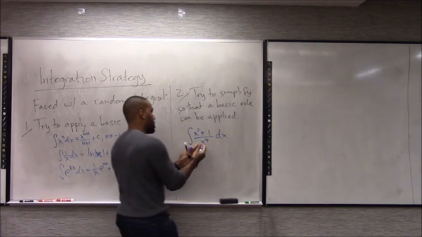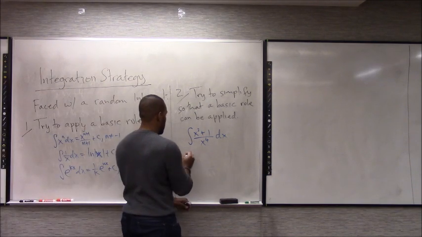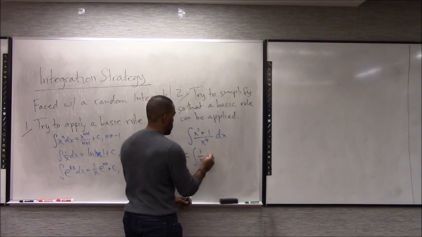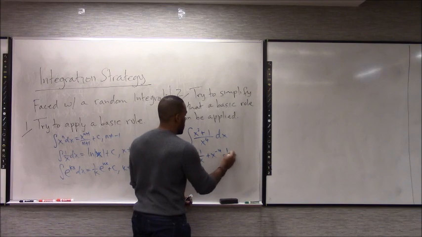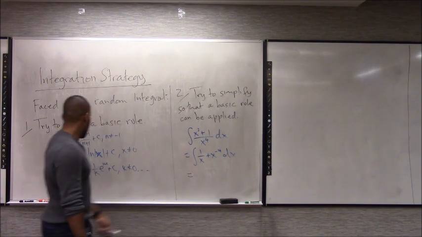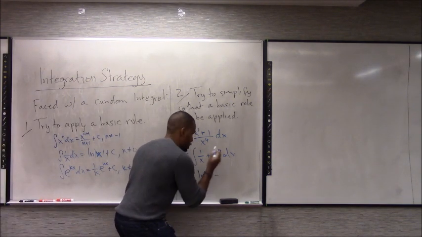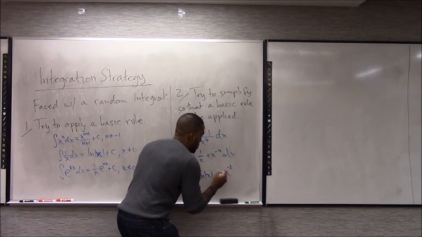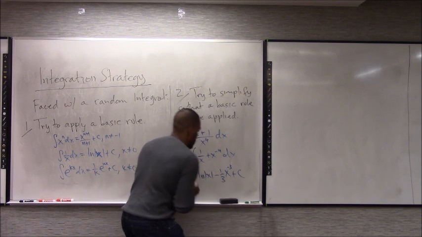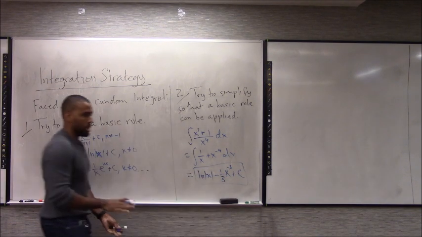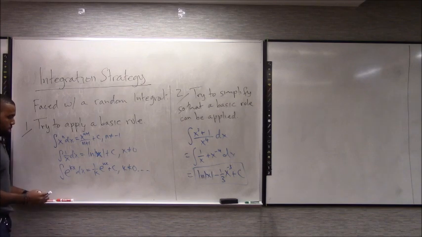However, it's one entity in the denominator which you can split up. That would give you 1 over x plus x to the minus 4, and that allows you now to use a basic rule. That one would give you the ln, and this one you add 1 to the power and divide by the new power, and you can get the answer like that. So it's not anything too complicated. But these are always the first two things you think about.